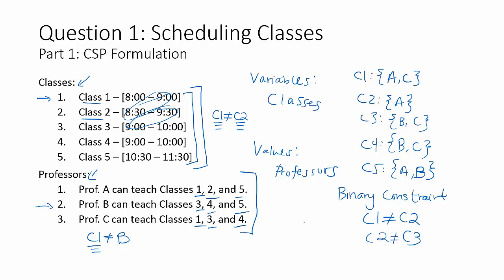So let's put that here. Class 4 is during the same time as class 3, so likewise class 2 and class 4 also share the 30-minute overlap, shown here. And this whole period is overlapped between class 3 and class 4. So there we have it. Those are our four binary constraints. And we're done.